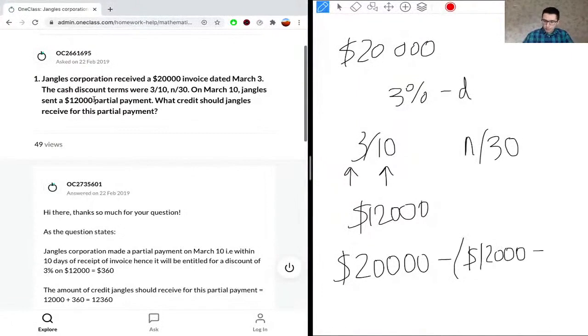plus the 3% discount on the 12,000. So I'll just write it down here: plus 3% of 12,000, and that's all in brackets.